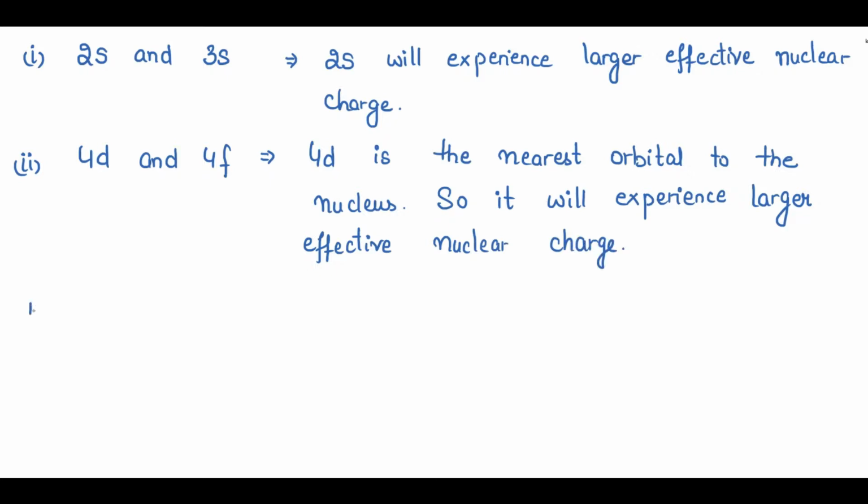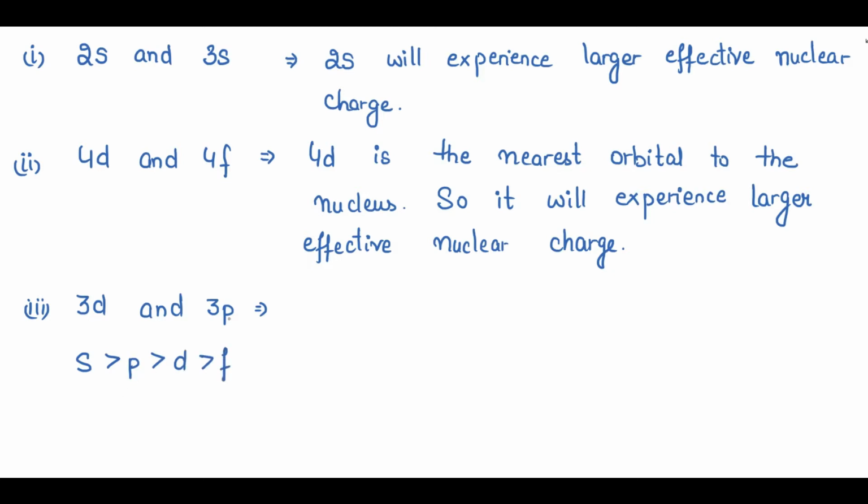Now let's see the last one. Again, we have the same orbit, 3d and 3p. Although the orbit is the same, the orbitals are different. So I know that s will experience more effective nuclear charge, then p, then d, and the last one will be f.